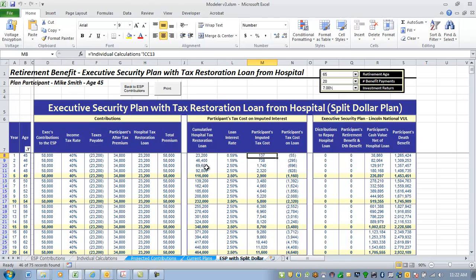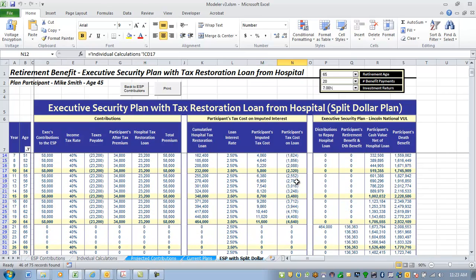Over time, as this loan builds up, 5 years out, the loan balance would be about $116,000. At 2.5%, that would generate about $2,900 worth of additional reportable income, which would cost the executive about $1,100. At its peak, right before retirement, the loan balance would be about $464,000.